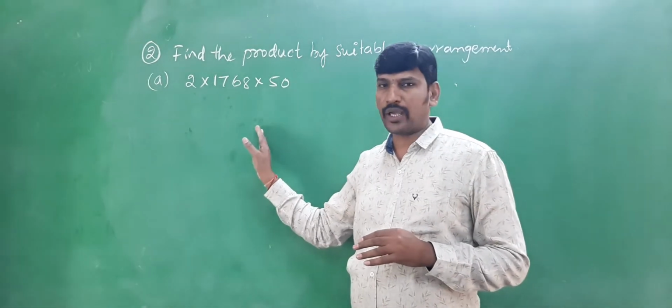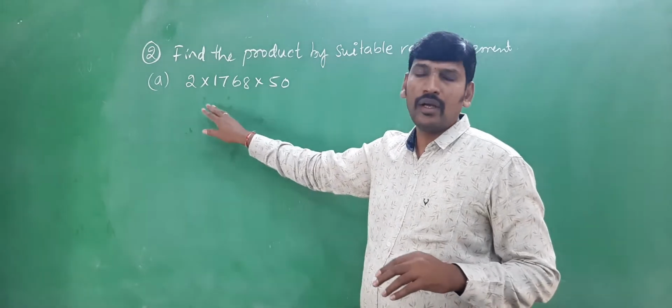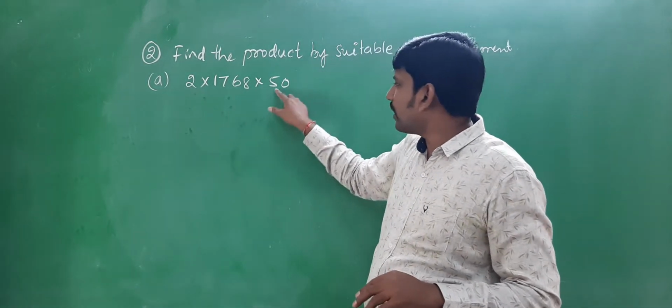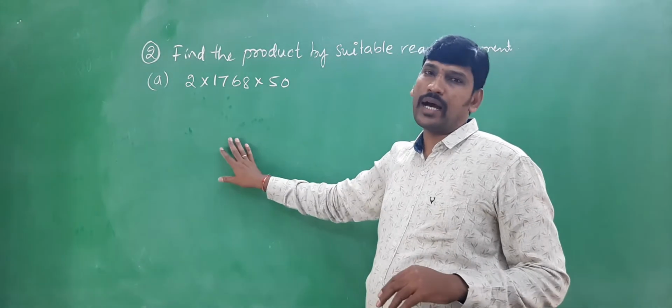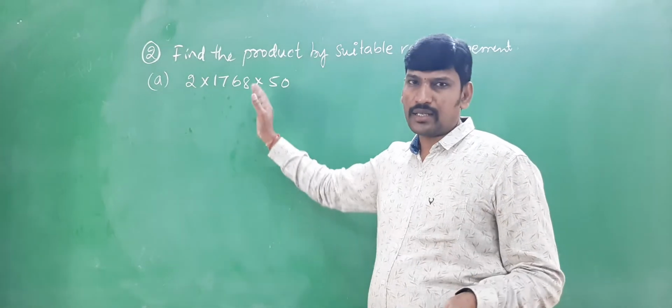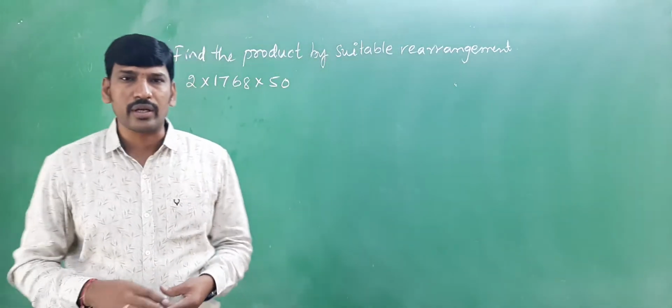Suppose I multiply 2 into 50, you will get 100. It is easy. 100 into any value is just that value with two zeros added.